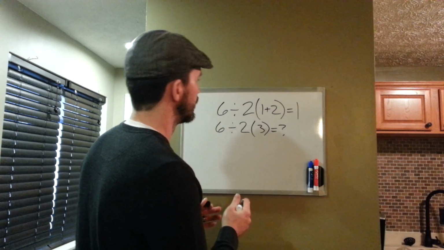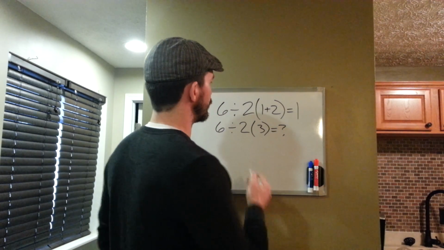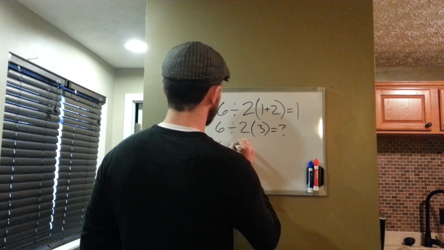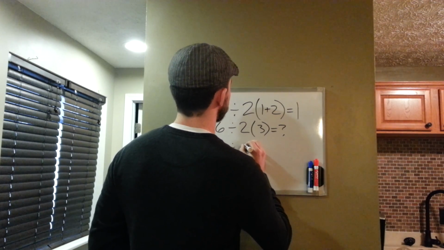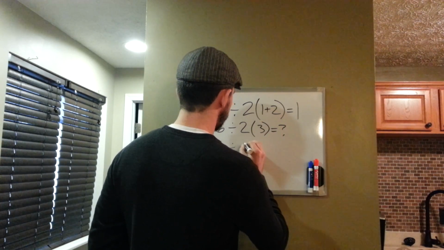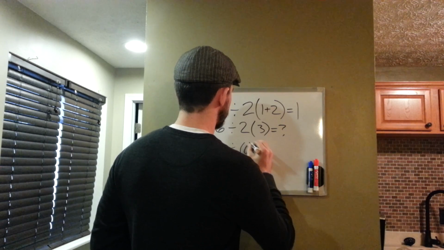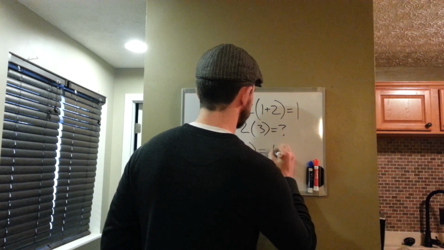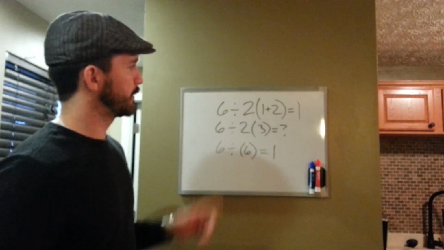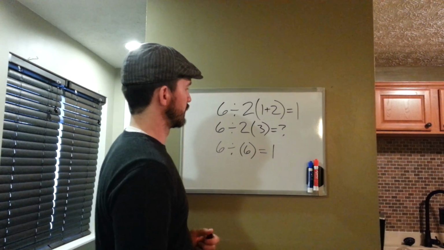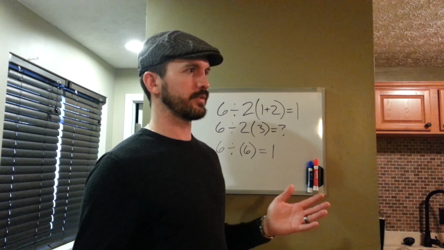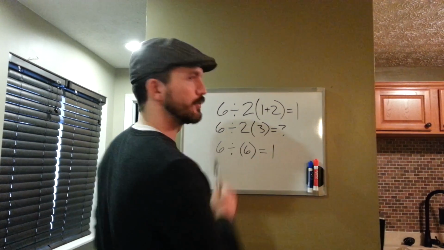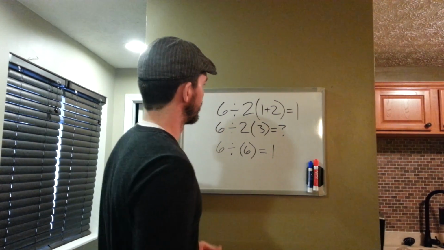So in this case, you should just know that you're supposed to do the 2 times 3 first, which gets 6 divided by 2 times 3, which is 6, equals 1. I don't like that because it's a shortcut, and it leaves open to debate whether your order of operation should be left or right, regardless of which comes first.